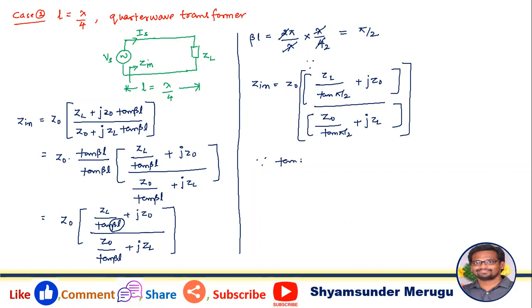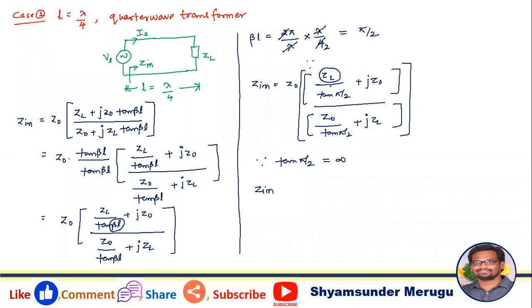Since tan π/2 equals infinity, in the numerator and denominator we have a finite term divided by infinity, so those terms give us 0.